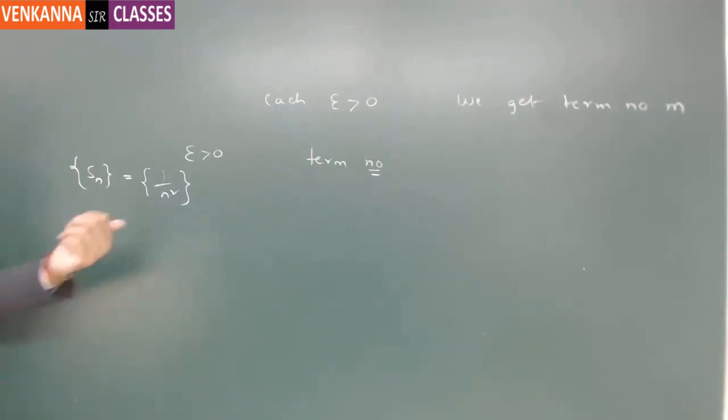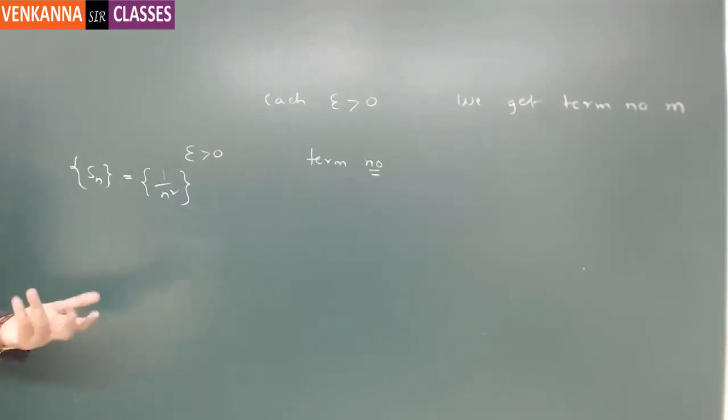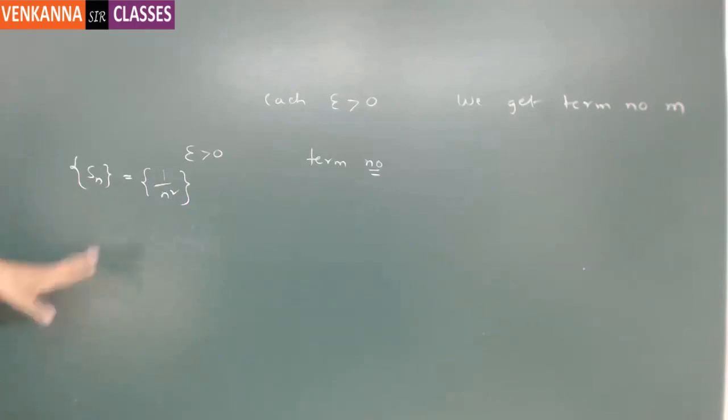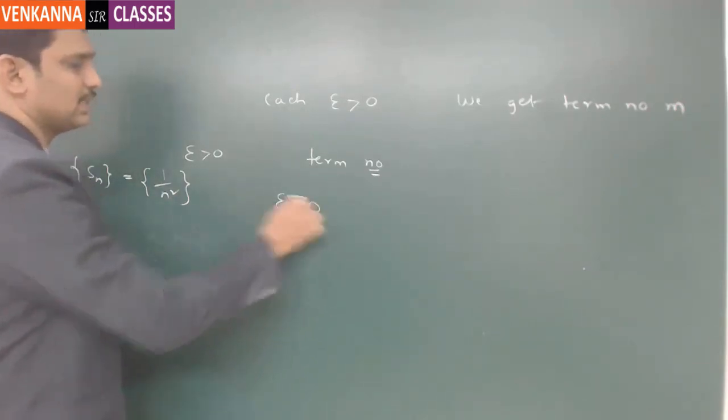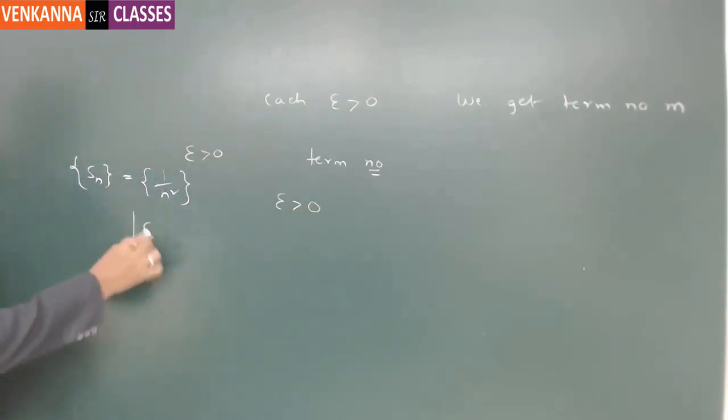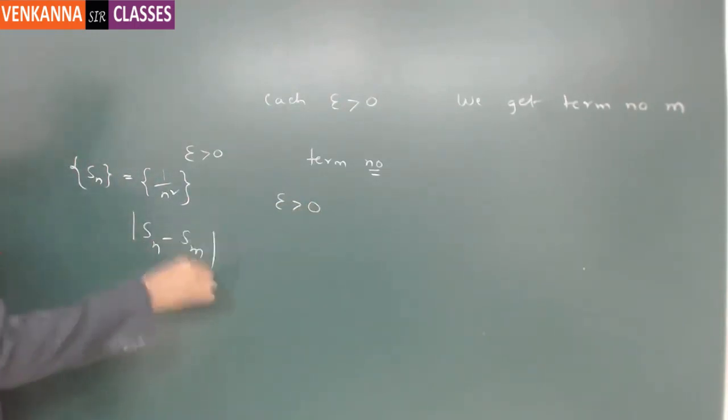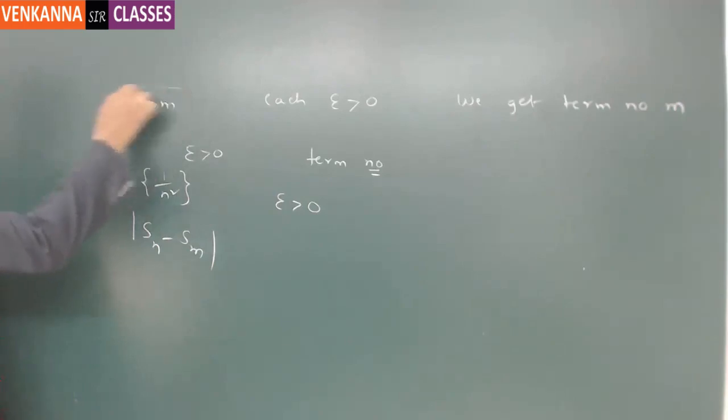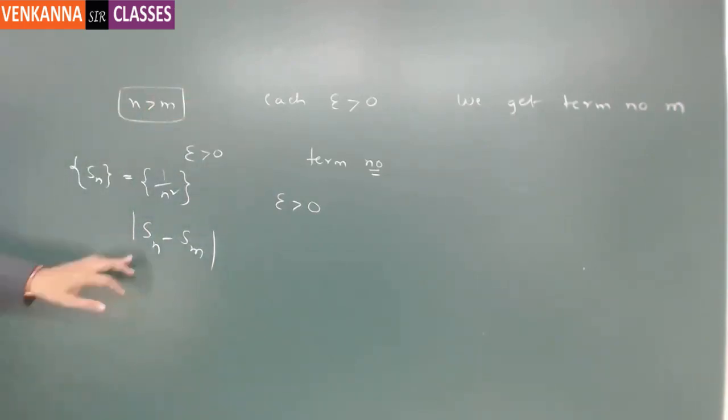We know that it is a convergent sequence: limit n tends to infinity of 1 by n square equals 0. Now we prove that it is a Cauchy sequence. How? You take epsilon greater than 0. You calculate Sn minus Sm, where n is greater than m, substituting the sequence values here.